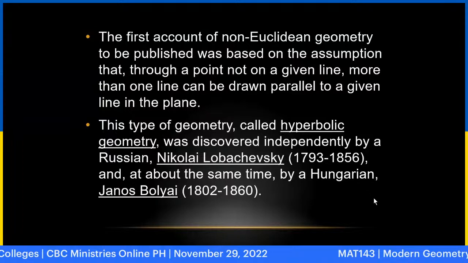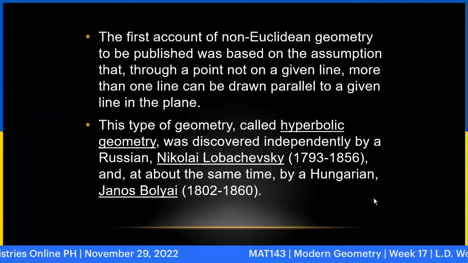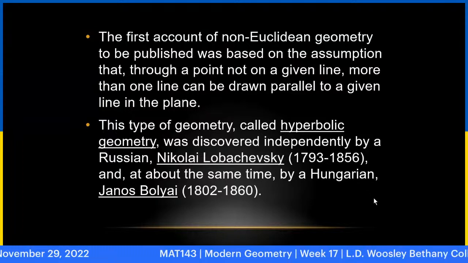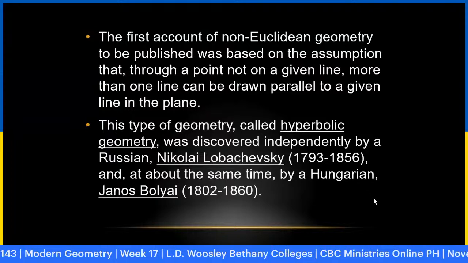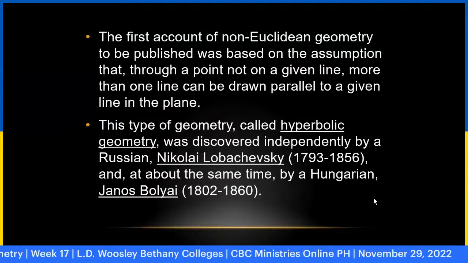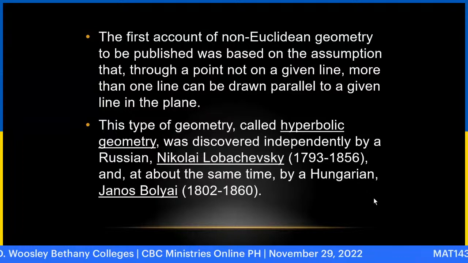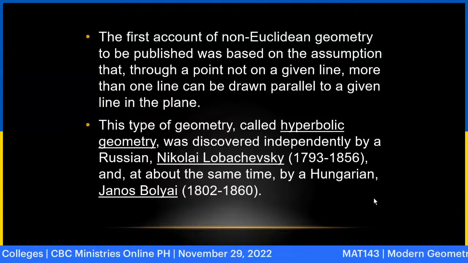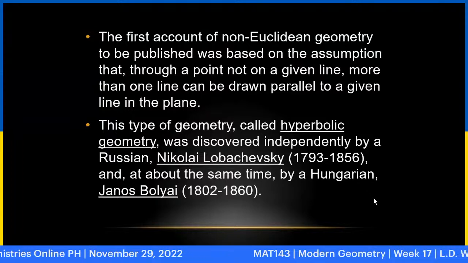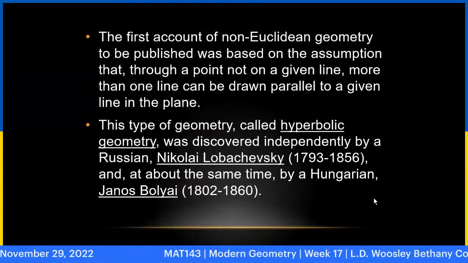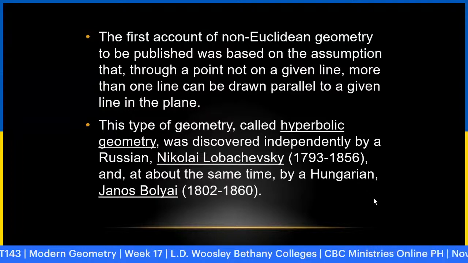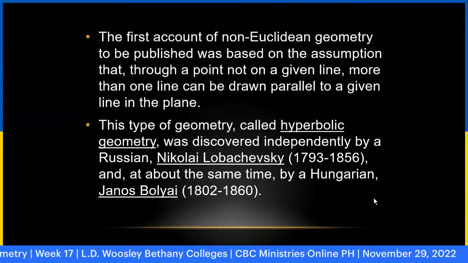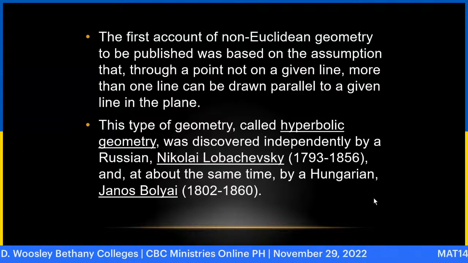Now that is possible in what we call hyperbolic geometry. It was discovered independently by a Russian, Nikolai Lobachevsky, and at about the same time a Hungarian, Janos Bolyai. That's why they are called on this name, no? Lobachevsky-Bolyai geometry.